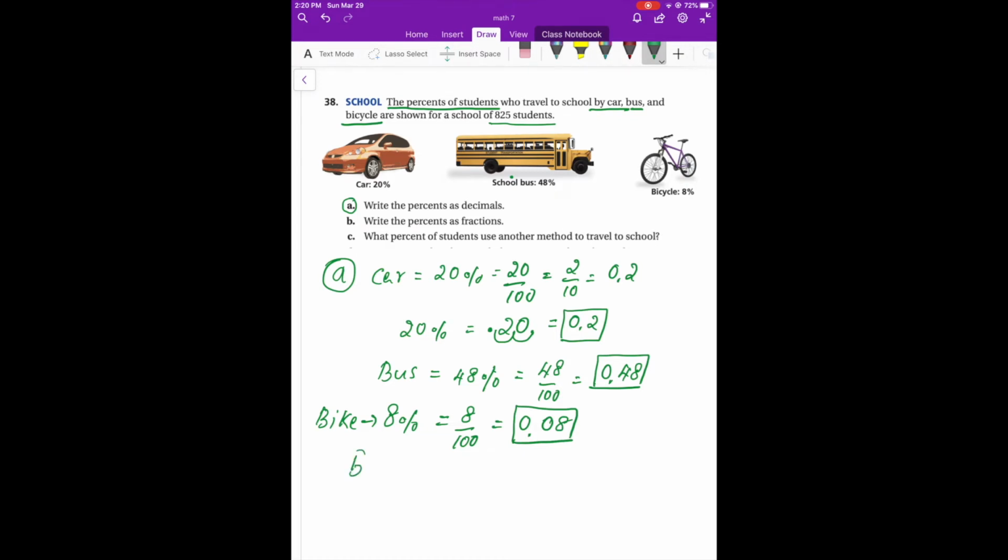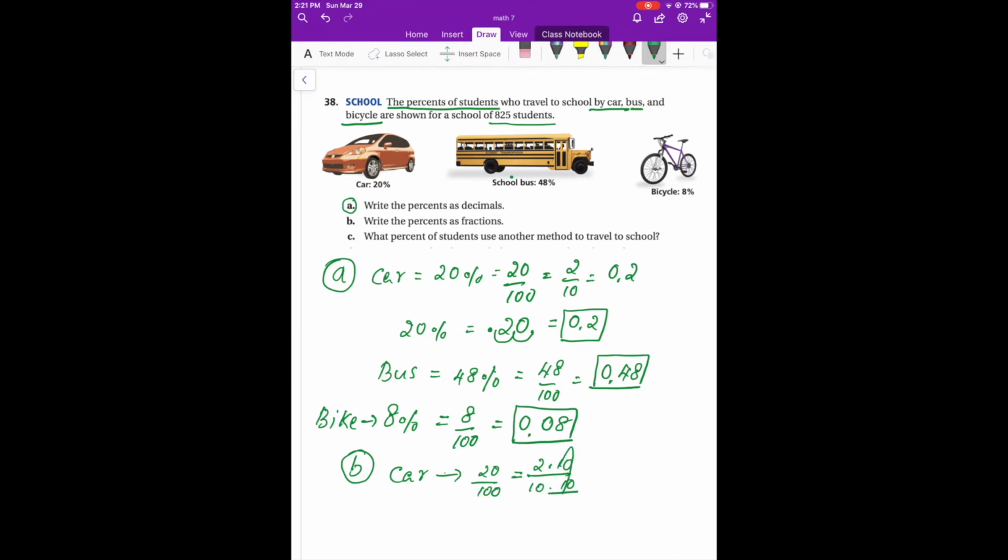What is part B? Part B asks you to write the percent as fractions. When they ask you to write the percent as a fraction, you always need to simplify the fraction to the simplest form. So car is 20%, so that means 20 over 100. You can write 20 as 2 times 10, and 100 as 10 times 10.